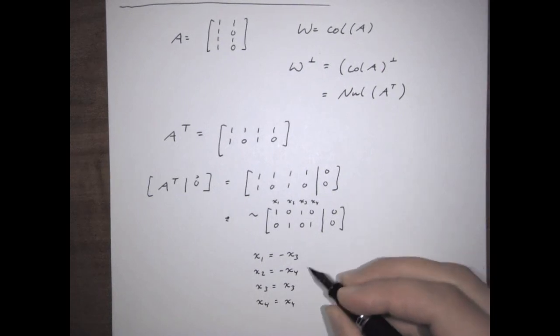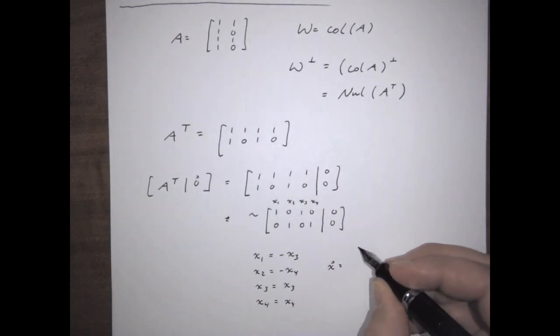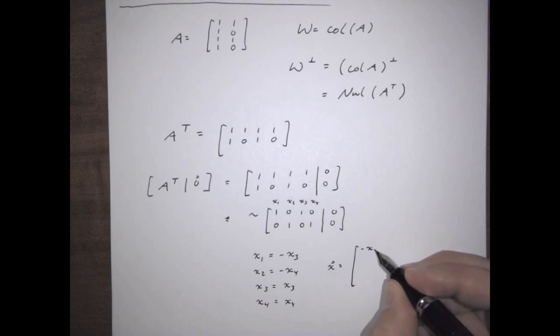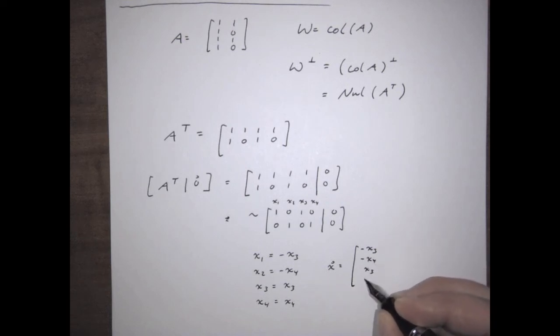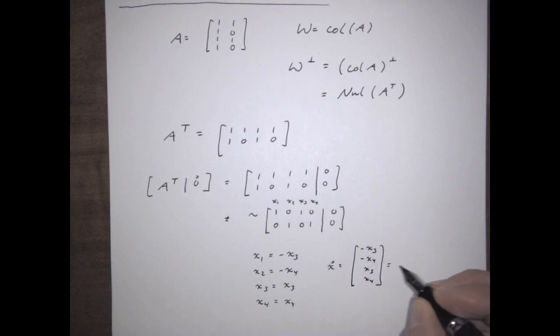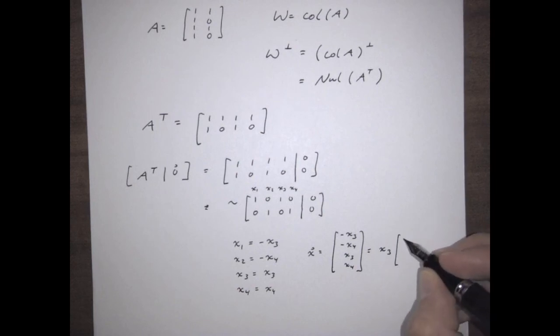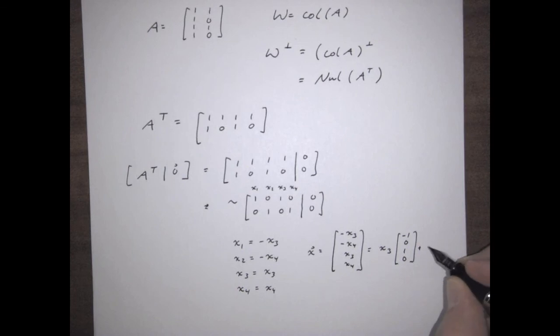And what that's going to lead us to is that the x's that would satisfy the system of equations would be negative x3, negative x4, x3, x4, which we will do our usual thing of pulling out the x3 and looking at its terms. So it's going to be a negative 1, a 0, a 1, a 0, and then plus x4 times 0, negative 1, 0, 1.